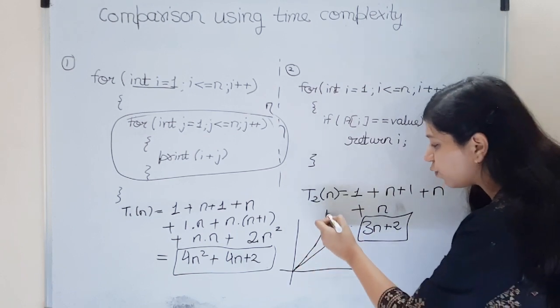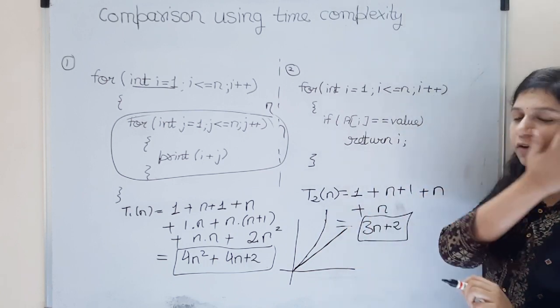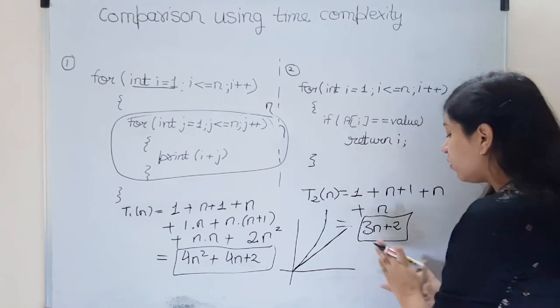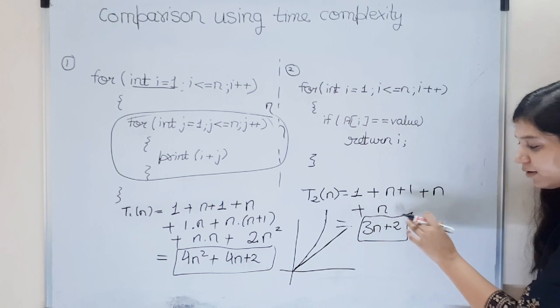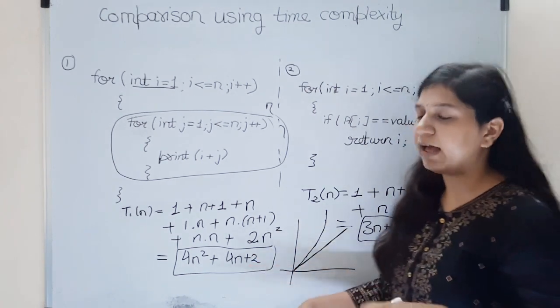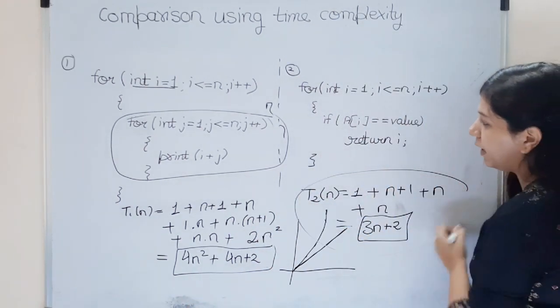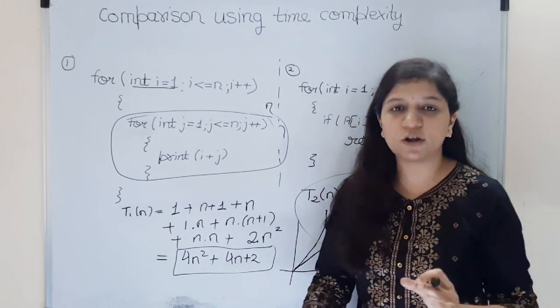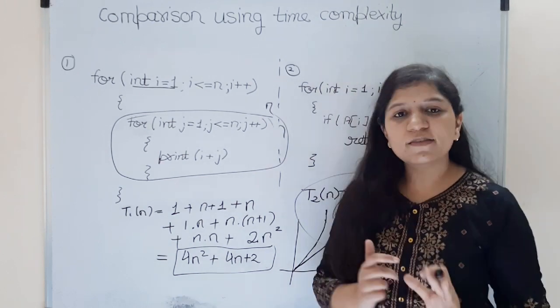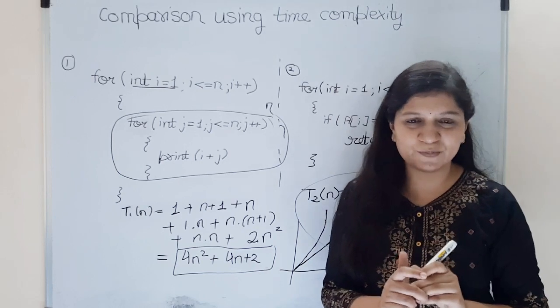So this grows slower and this grows much faster as compared to the quadratic equation. So here we'll say that this has lesser time complexity and this has greater time complexity. So this is a better code snippet or algorithm. That's how we compare two algorithms on the basis of time complexity.